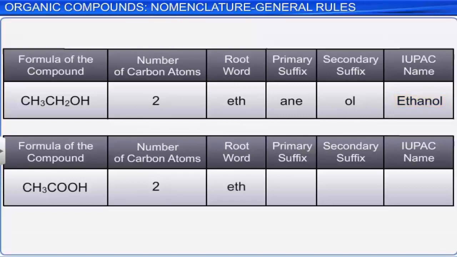A root word eth, primary suffix ane, and secondary suffix oic acid together forms the IUPAC name ethanoic acid. If a functional group is present, then the E of the primary suffix is replaced by the secondary suffix.